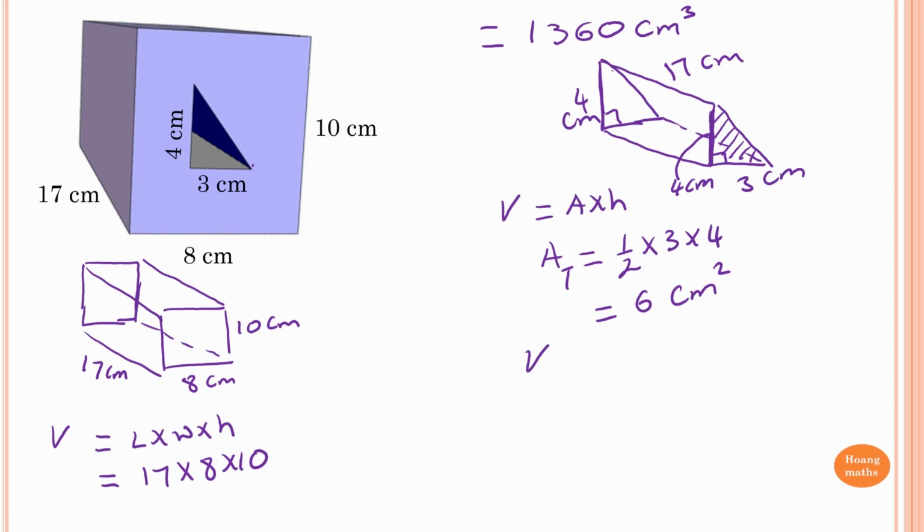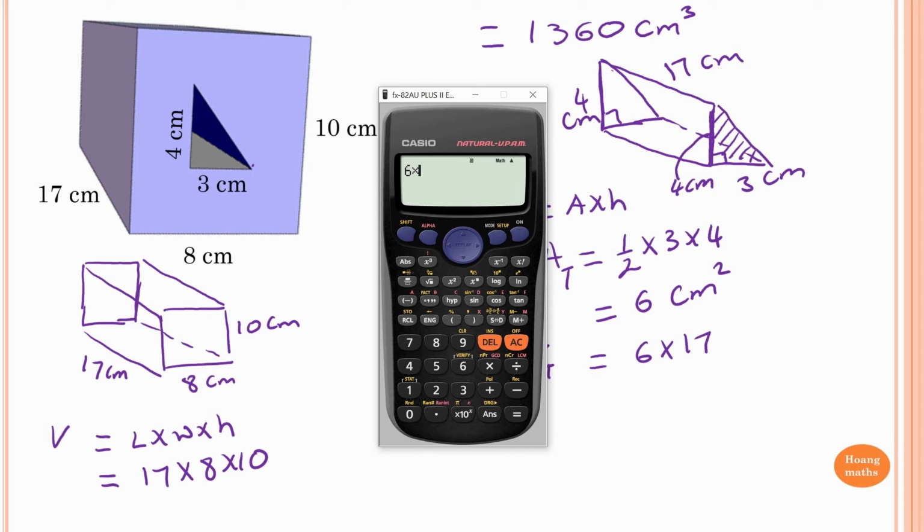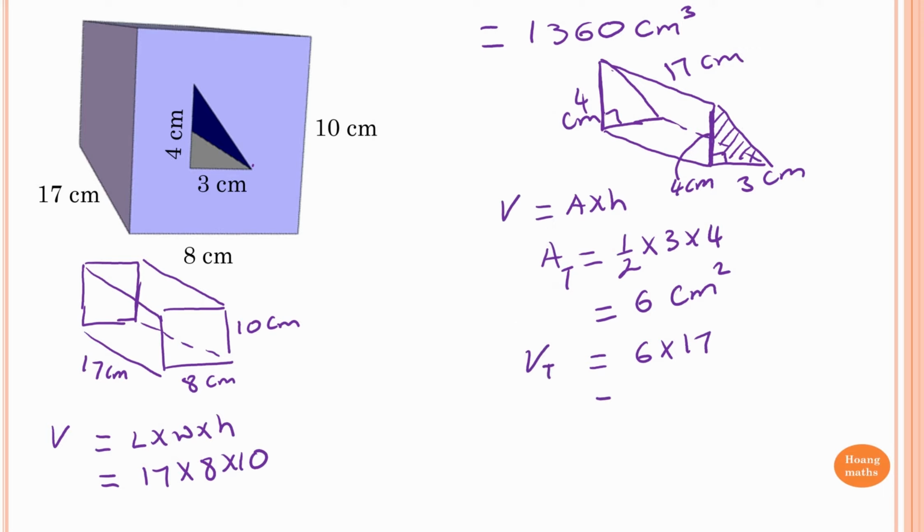Therefore, the volume of the triangular prism is area times height, which is 6 times 17, which is 102. So I just write here, 102 cubic centimeters.